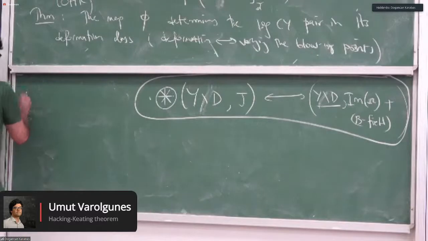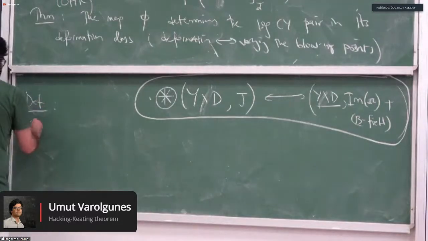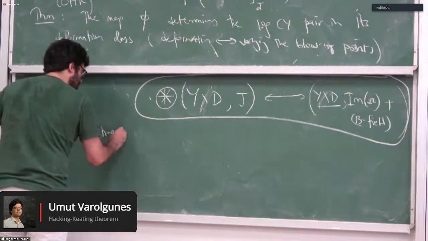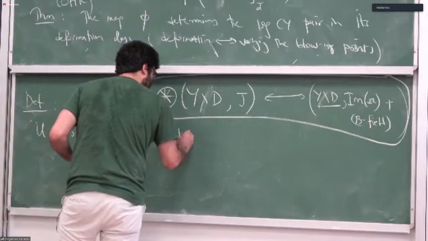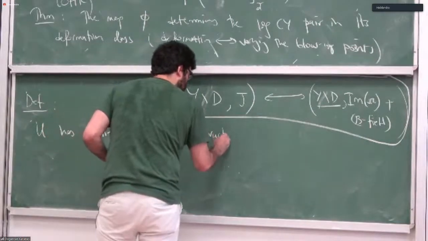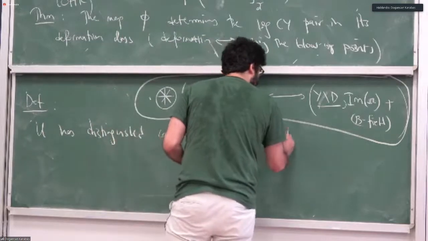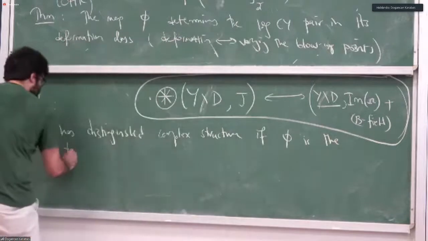So, definition. Okay, so U has distinguished complex structure if phi is the trivial map, the trivial homomorphism.